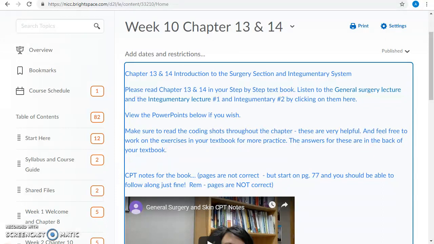So make sure you understand how to measure those very well as you go through. Also, we want to make sure that we are not noting anything malignant unless we know for sure. We definitely don't want to be coding anything malignant unless we know for sure.